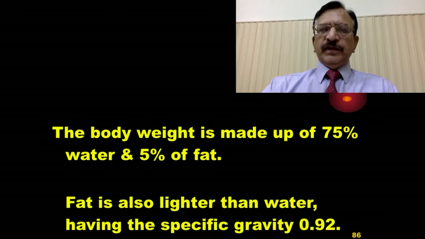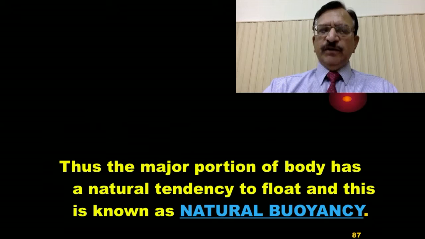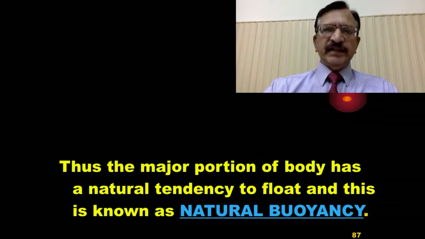The fat and water have a lesser specific gravity, that is 0.92. This is called natural buoyancy, because the major portion of the body, water and fat, has a natural tendency to float.